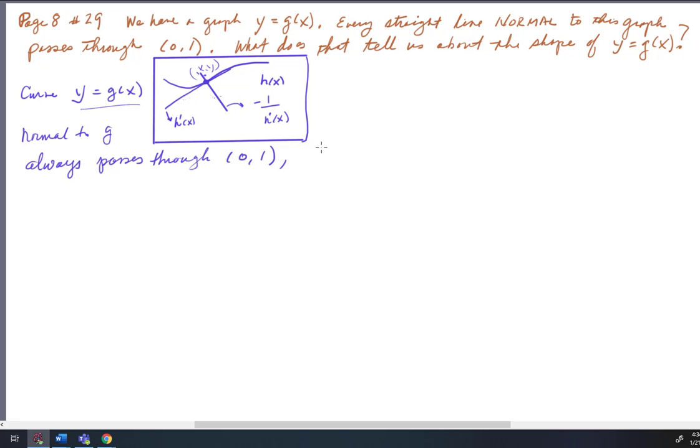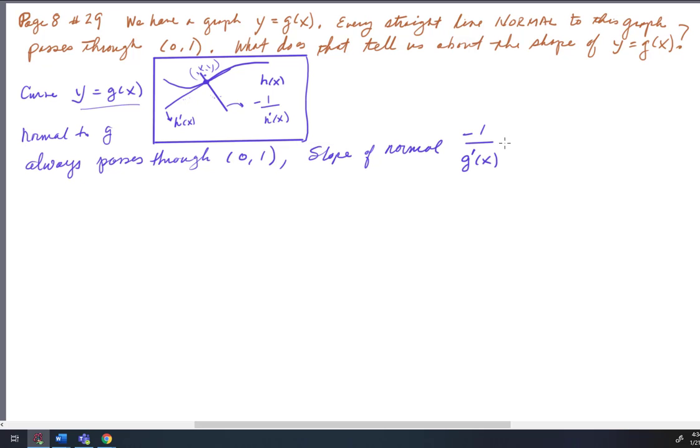And the slope of the normal is negative 1 over g prime of x. But we also know another way to write that slope of the normal.